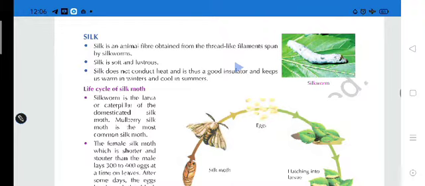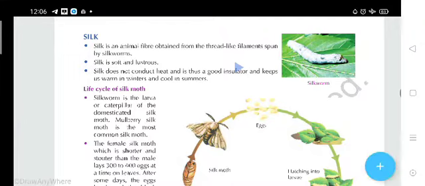But how does it come? From where do we get that silk? For this, we will discuss silk. Silk is an animal fiber, often from the thread-like filament spun by the silkworm. Students, here is a picture of what? Silkworm. And this silkworm is responsible for the production of natural silk.